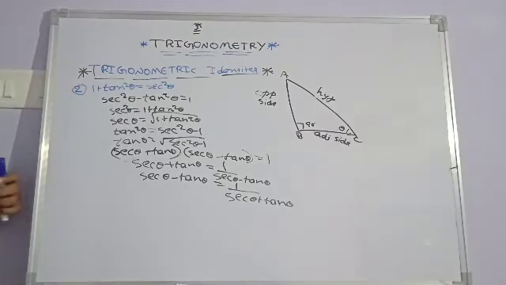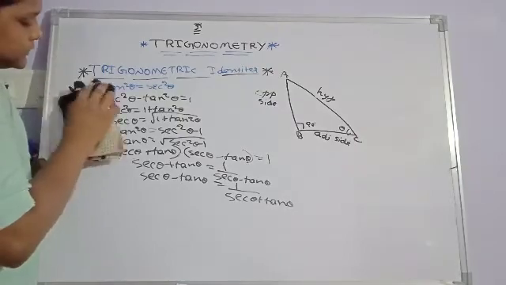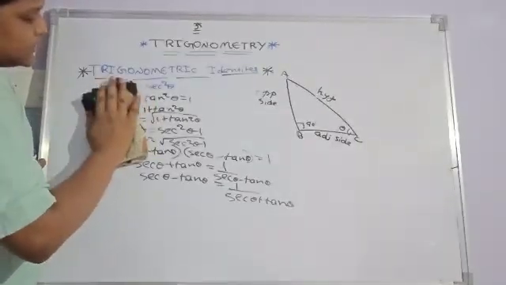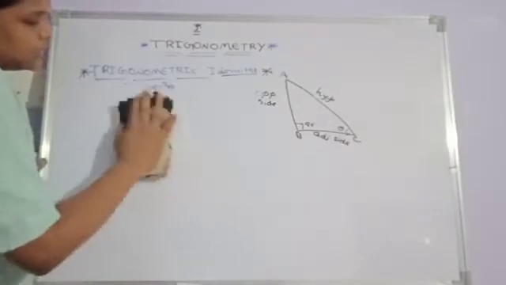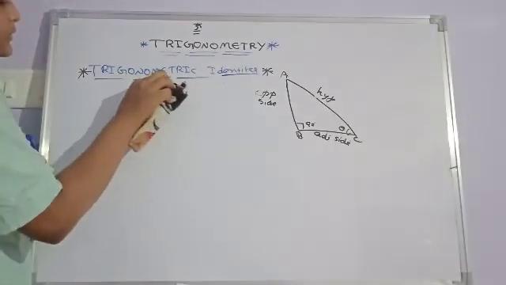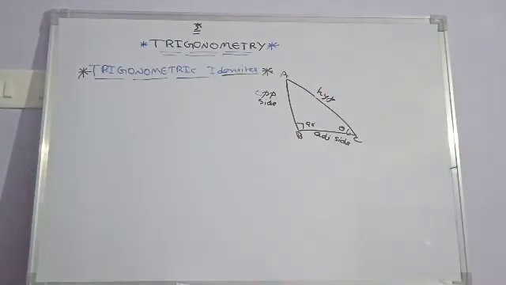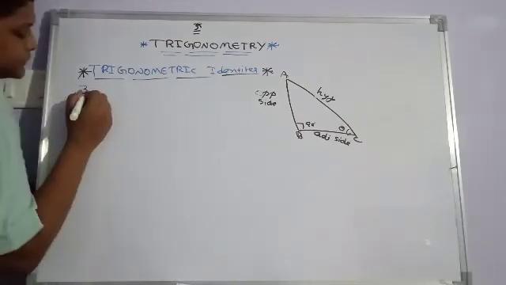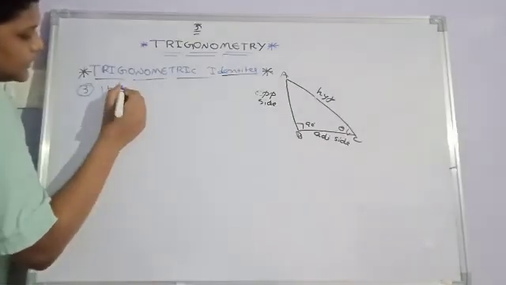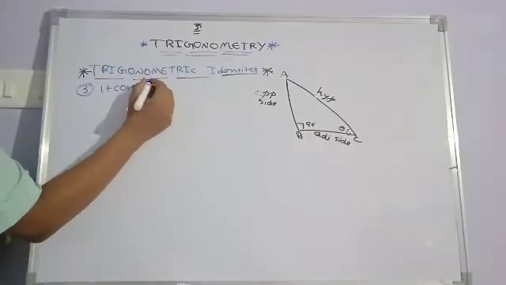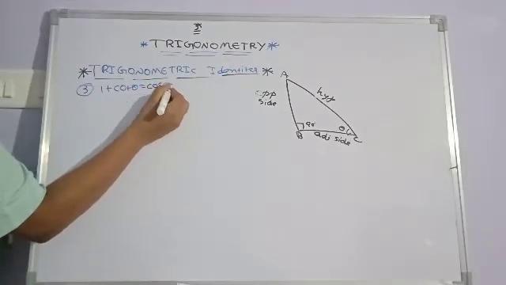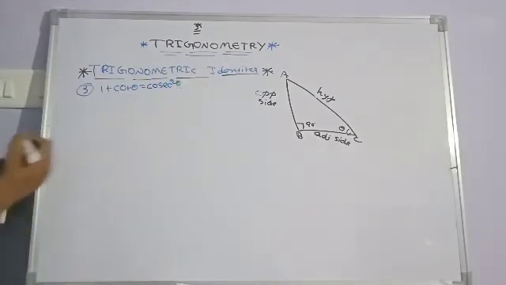Let us move to the third identity. 1 plus cot square theta is equals to cosecant square theta.